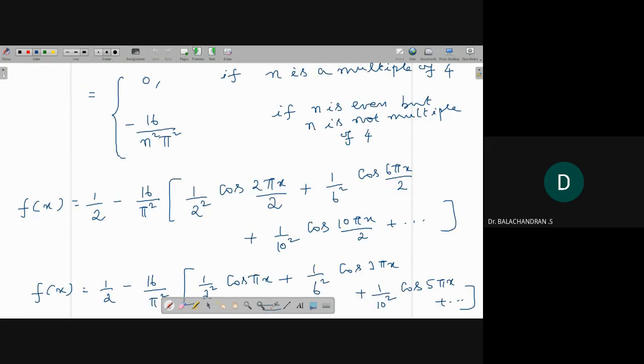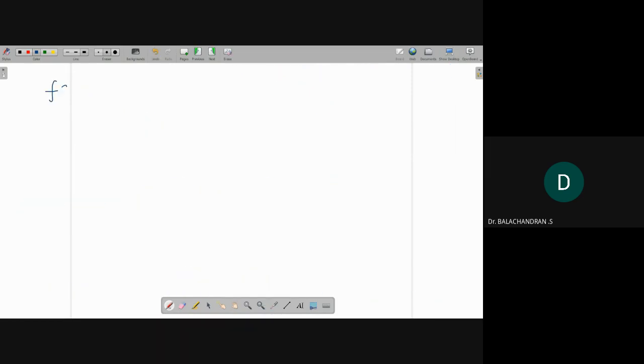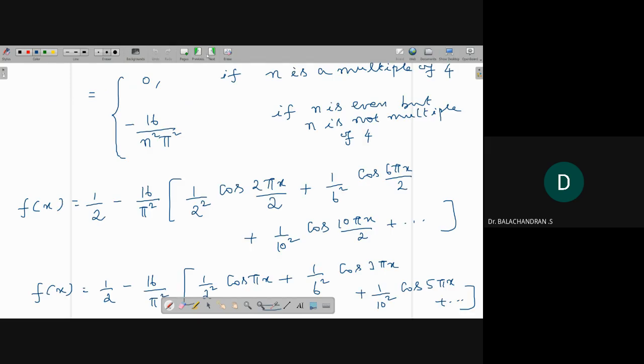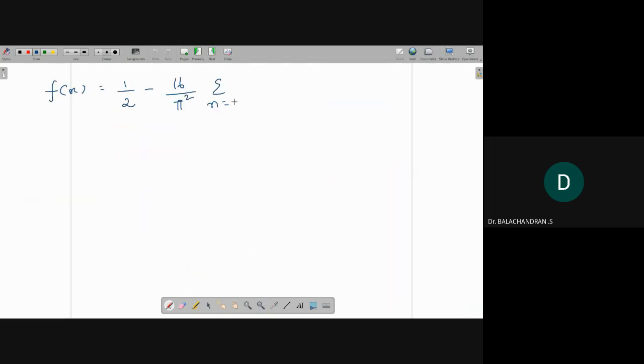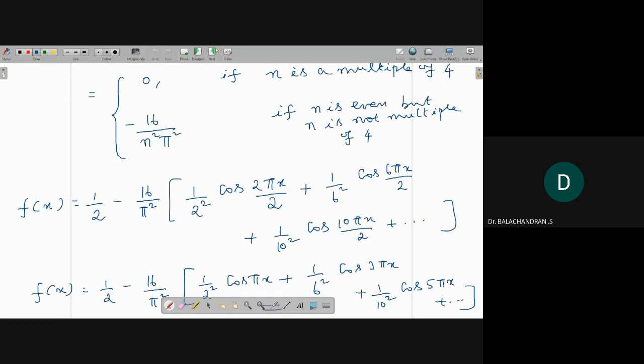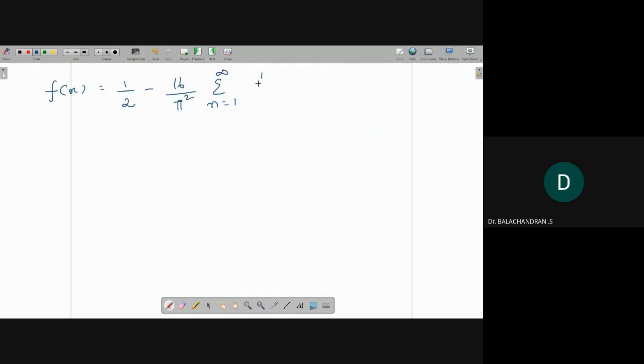F of x is equal to 1 by 2 minus 16 by pi square, summation of 1 by 4n minus 2.